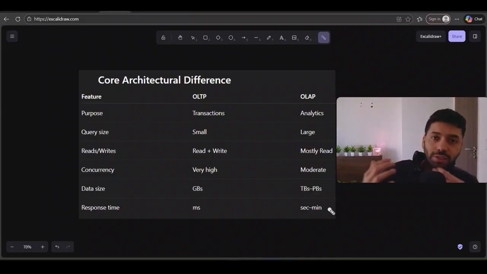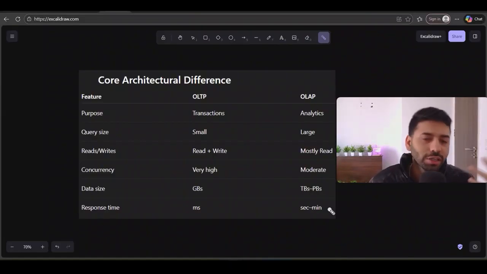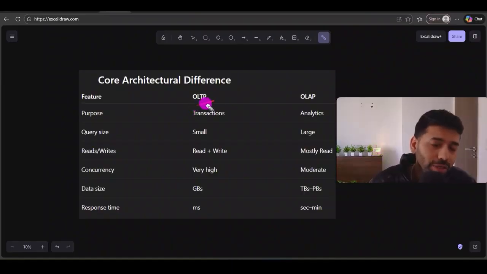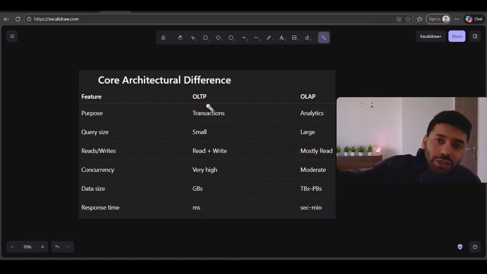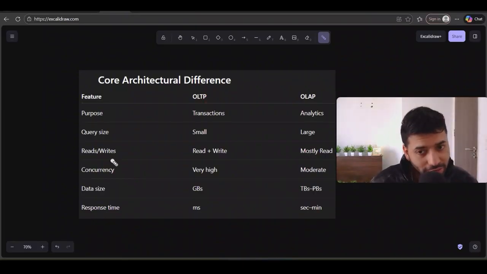That's totally fine. It's like a long running operation, and through that you get your data, and it's fine because the user for this OLAP is your developers or other employees in the company, and not the end user. But when we talk about OLTP, the user is actually the end user who is trying to book a ticket or buy a product or something like that, right? So in this, you need to provide features like very low response time, high concurrency, reads and writes, right?